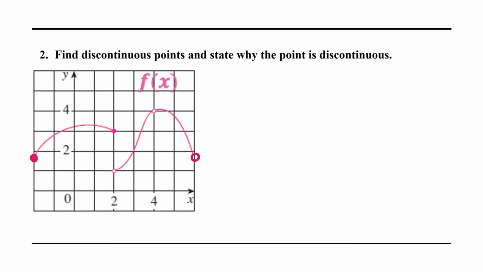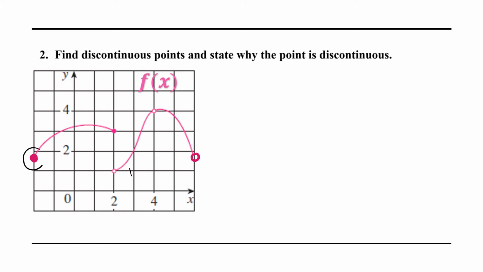Let's identify some discontinuous points. So the first thing that I like to check for are either areas where f of a does not exist or places where the limit does not exist. And rather than just jumping around looking at this whole thing, I like to go from left to right as I search for these. So let's see.